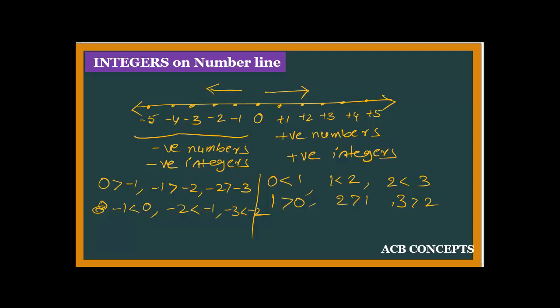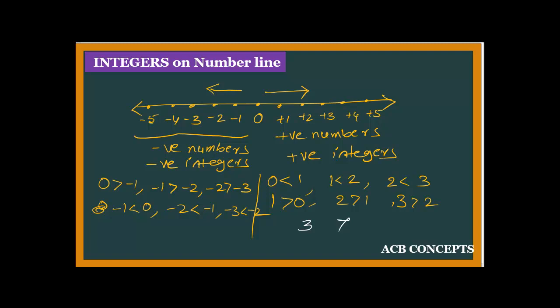For example, here I am taking two numbers 3 and 7. Put in between less than or greater than. The 3 lies on the left side of the 7 on the number line.